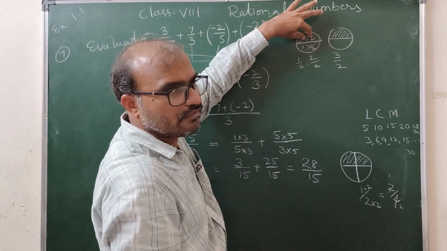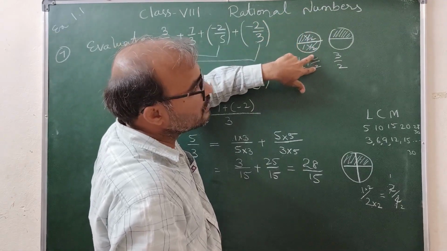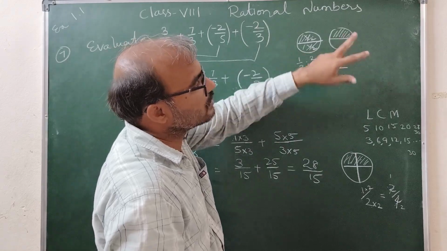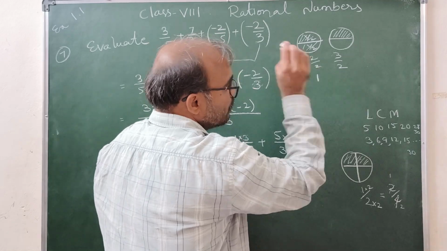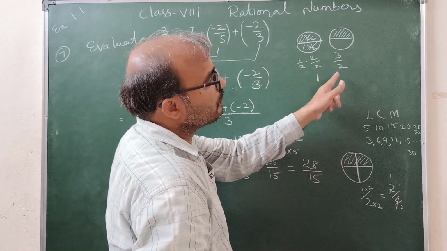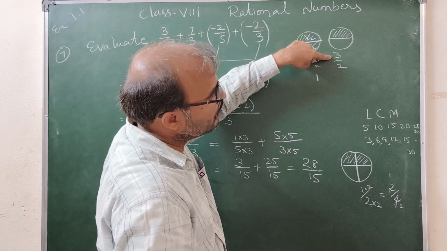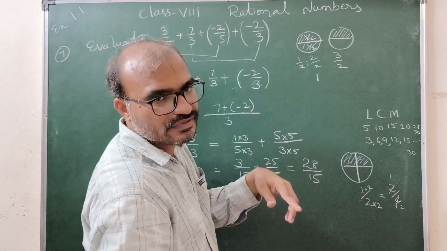So here 1 by 2 is less than 1. It is called a proper fraction. And 2 by 2 is also called an improper fraction, and 3 by 2 is also called an improper fraction. The value of 2 by 2 is nothing but 1 full whole. 3 by 2 you can write in two ways. Here it looks like the numerator is larger and the denominator small, but you have to read this as 3 halves.